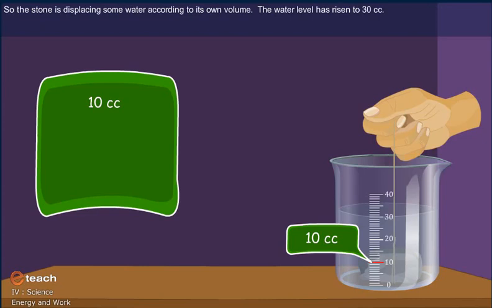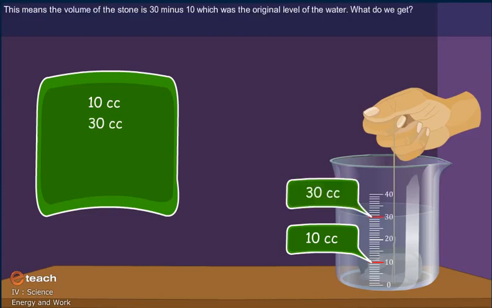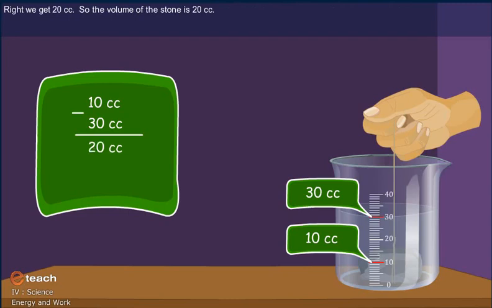The water level has risen to 30 cc. This means the volume of the stone is 30 minus 10, which was the original level of the water. What do we get? Right, we get 20 cc. So, the volume of the stone is 20 cc.